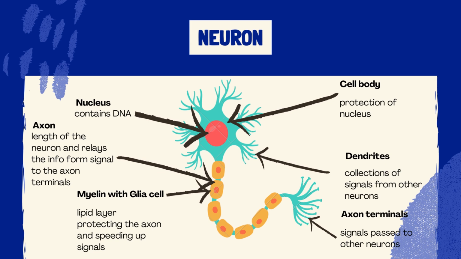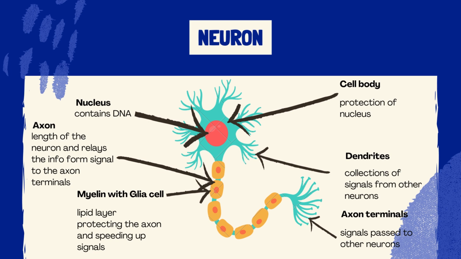Covering the axon is the myelin, which is produced by glia, which we will talk about in a few moments. The glia cell is composed of 4 types, and one of the types is oligodendrocytes, which produces myelin. Myelin is a lipid layer protecting the axon and speeding up signals. This leads into the axon terminal, through which the signals are passed to other neurons.